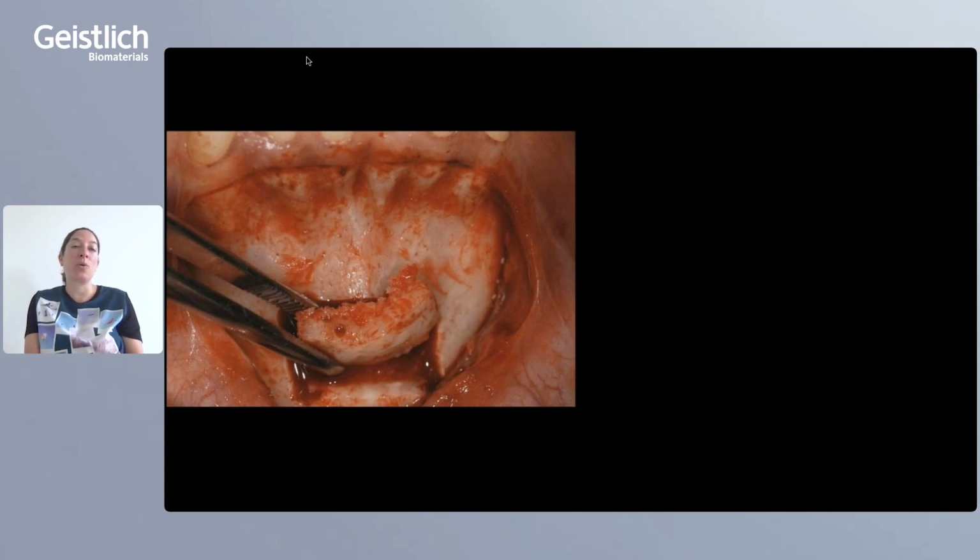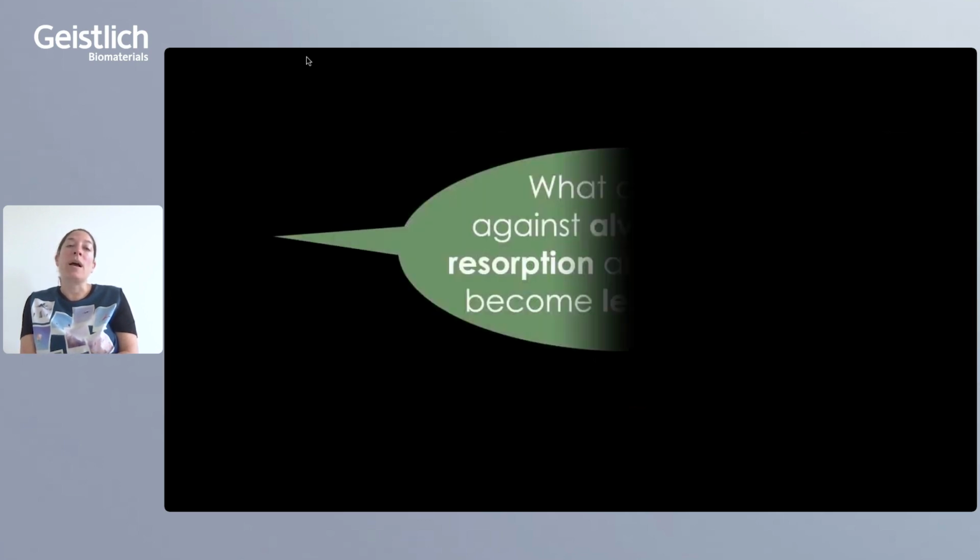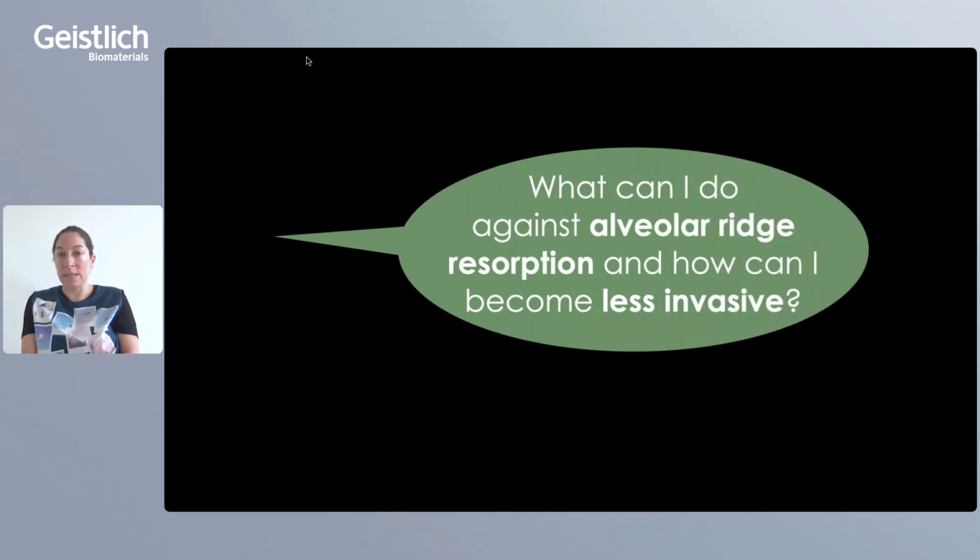We have to do a primary bone augmentation in order to then place implants which can reach primary stability. In this case, a primary bone augmentation was performed from the mental region. There was an additional GBR performed, and then after a while it is possible to place the implants.